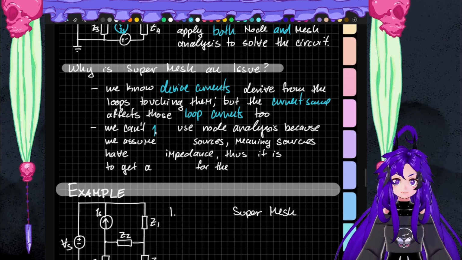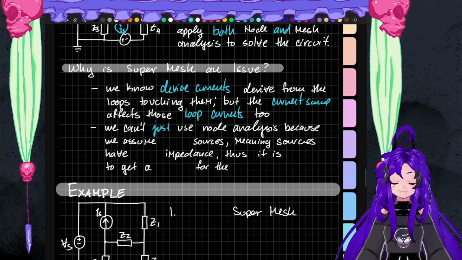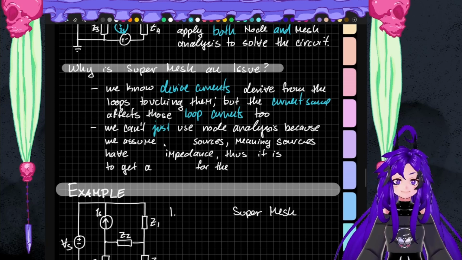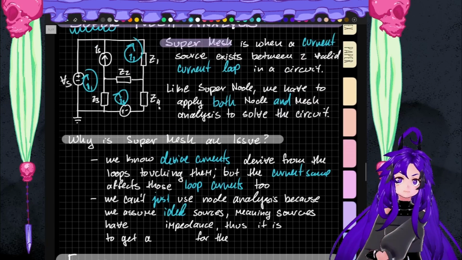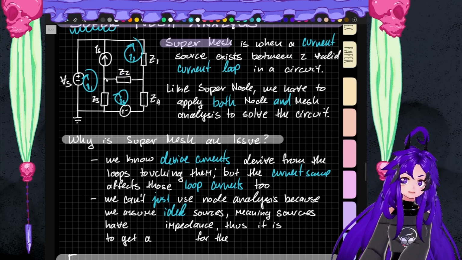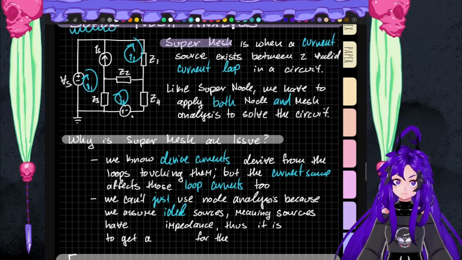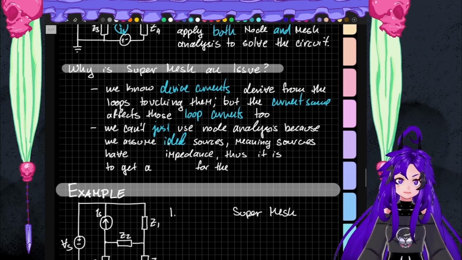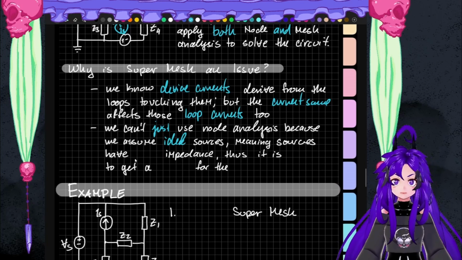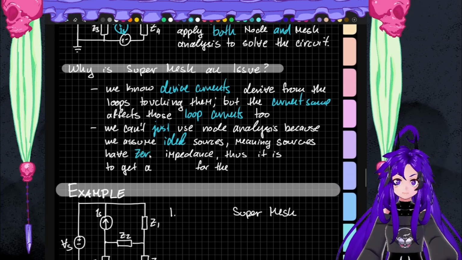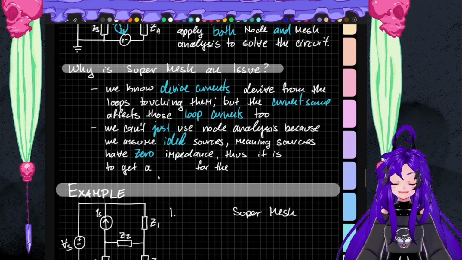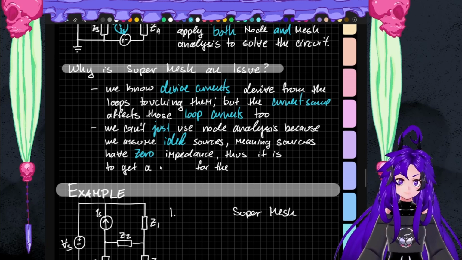So we can't just use node analysis, because we assume ideal sources. We can't just look here and try to find all of the currents and voltages, because ideal sources have zero impedance, and so we can't get a current from a voltage source.